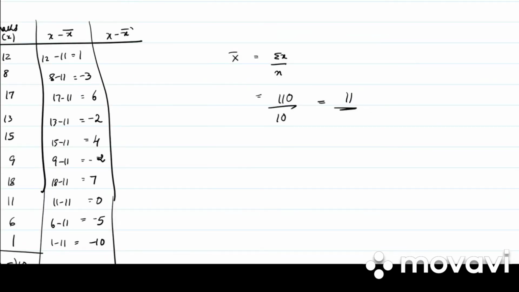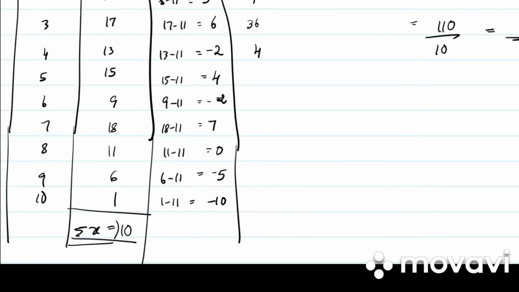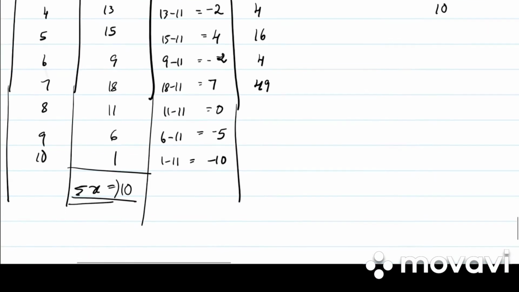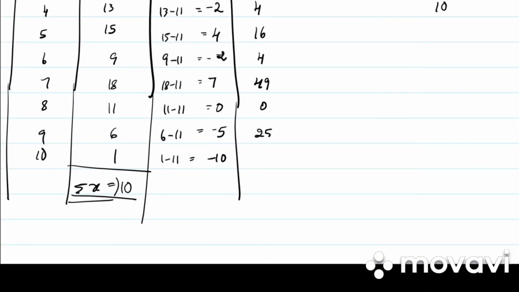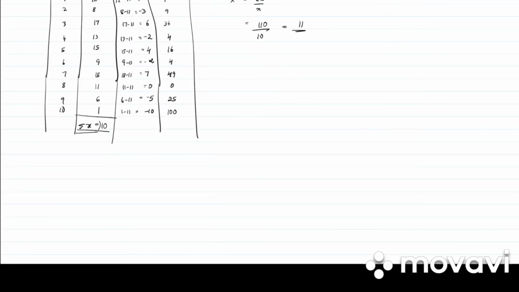Next it is x minus x bar square. So 1 into 1, 1. 3 into 3, 9. 6 6s are 36. 2 2s are 4. 4 4s are 16. 2 2s are 4. 7 7s are 49. 0. 5 5s are 25. 10 into 10, 100. So what is the total of this column?